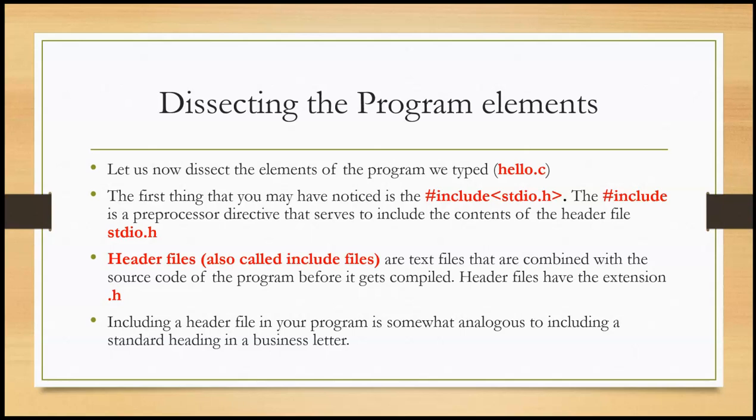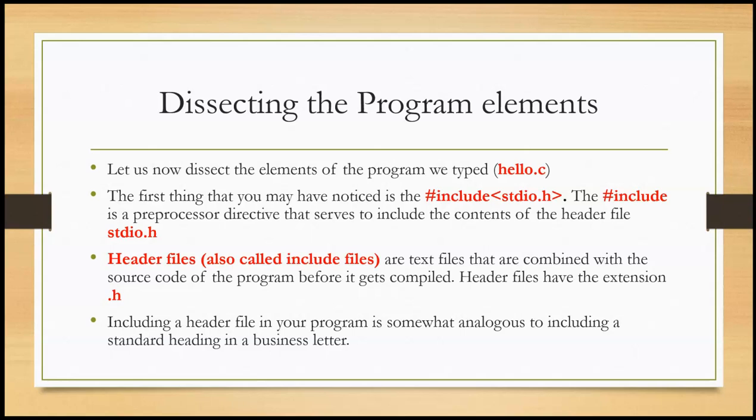Now let's dissect the different elements of the program that we typed, that is hello.c. The first thing that you may have noticed is the statement #include stdio.h. The #include is a preprocessor directive that serves to include the contents of the header file stdio.h.